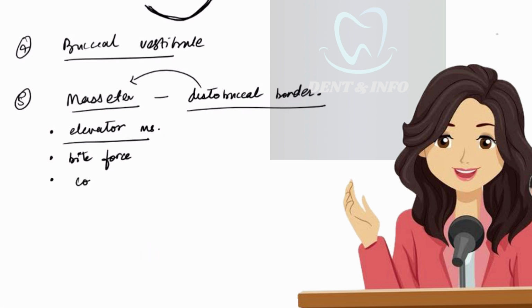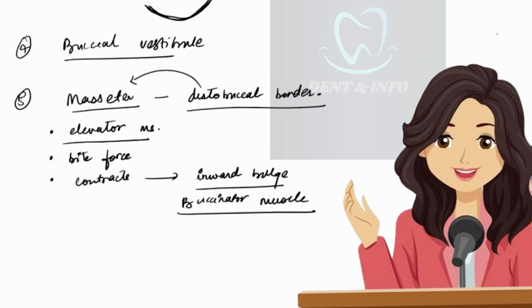Now, when it contracts, it creates an inward bulge of what? Of buccinator muscle. When it contracts, it puts an inward bulge in the buccinator muscle.